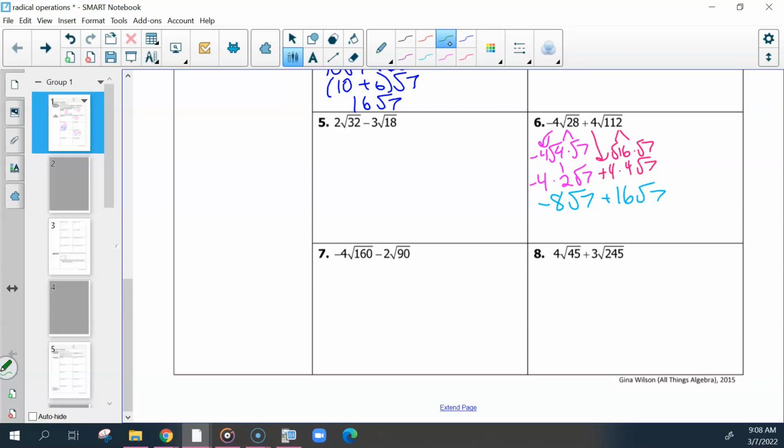So our final answer would be what? 8 square root of 7. Let's check this because we have to simplify both. Put this original in your calculator and then put the answer in your calculator. See if those match.